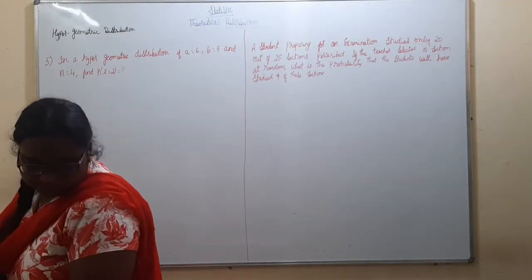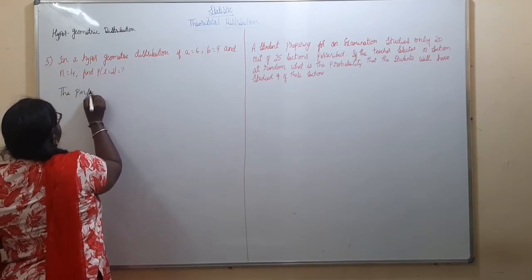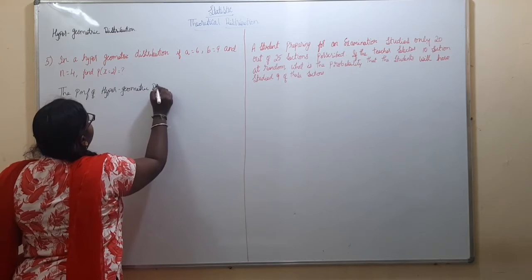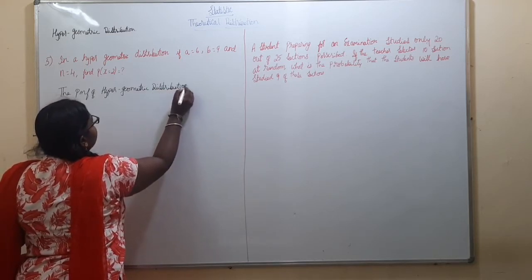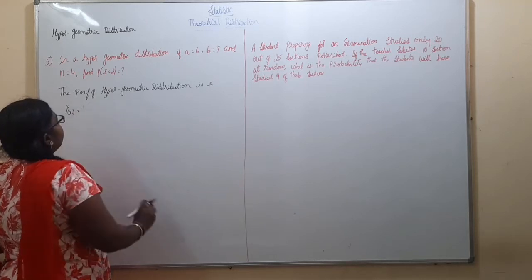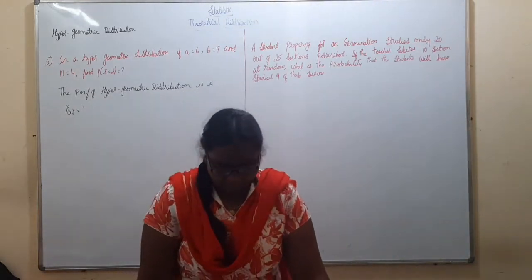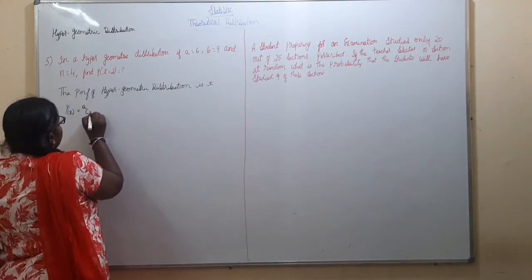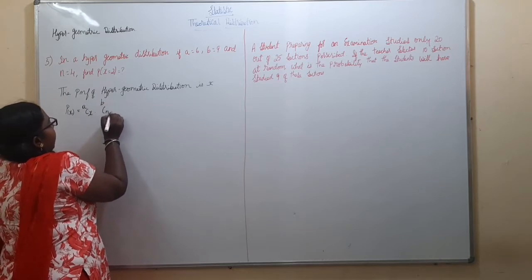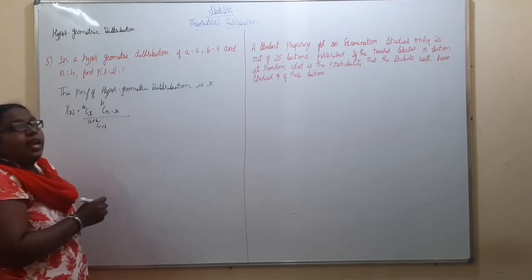So here the probability mass function of the hypergeometric distribution is: P of x equals ACx into BC(N minus x) divided by (A plus B)CN.